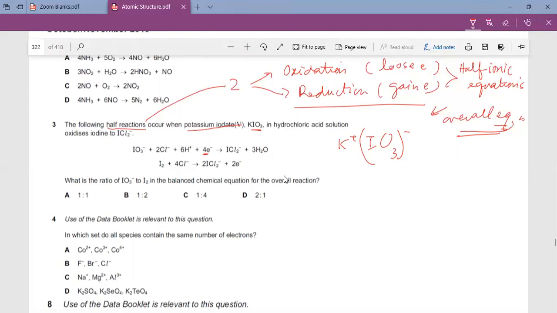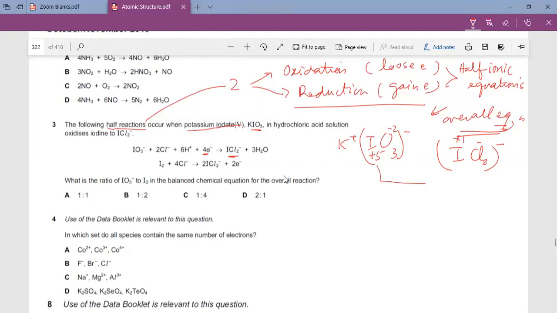Let me work it through. Now here, what is the oxidation state for iodine? This is -2, so of course it's +5, isn't it? Now the other one here, ICl2 minus, this is -1. So what is I here? 2 minus it, so it's +1.